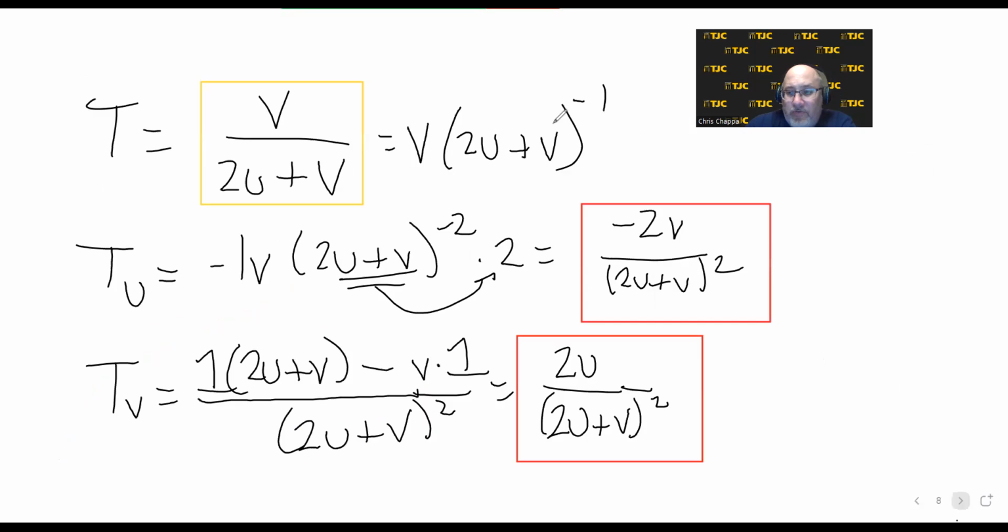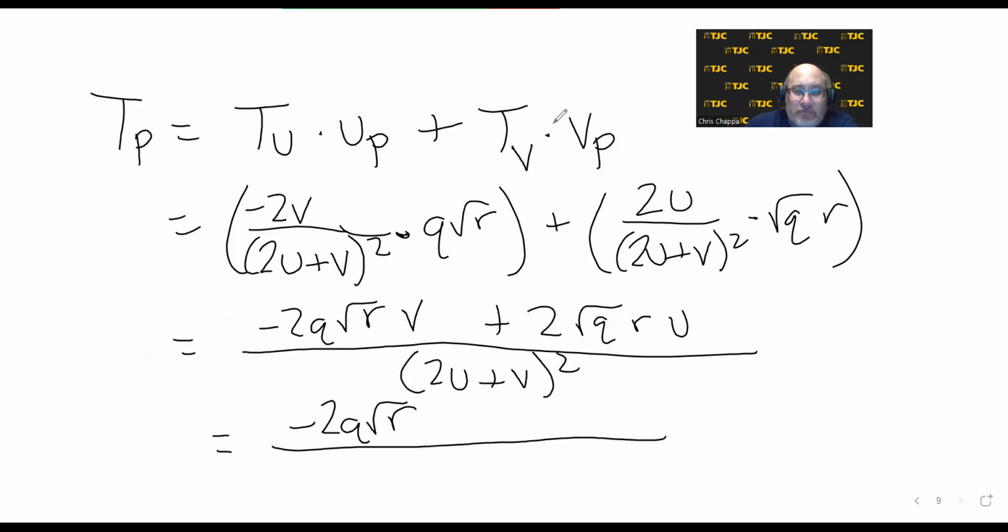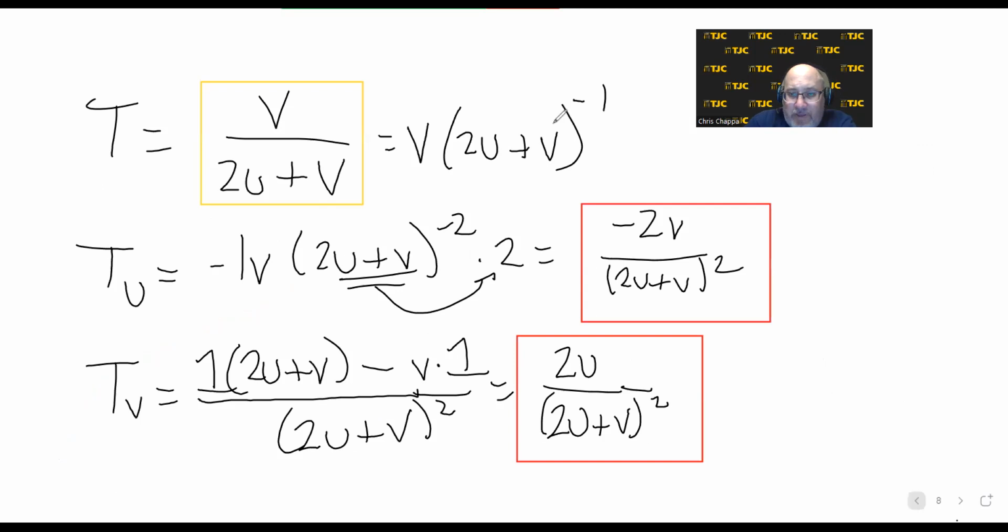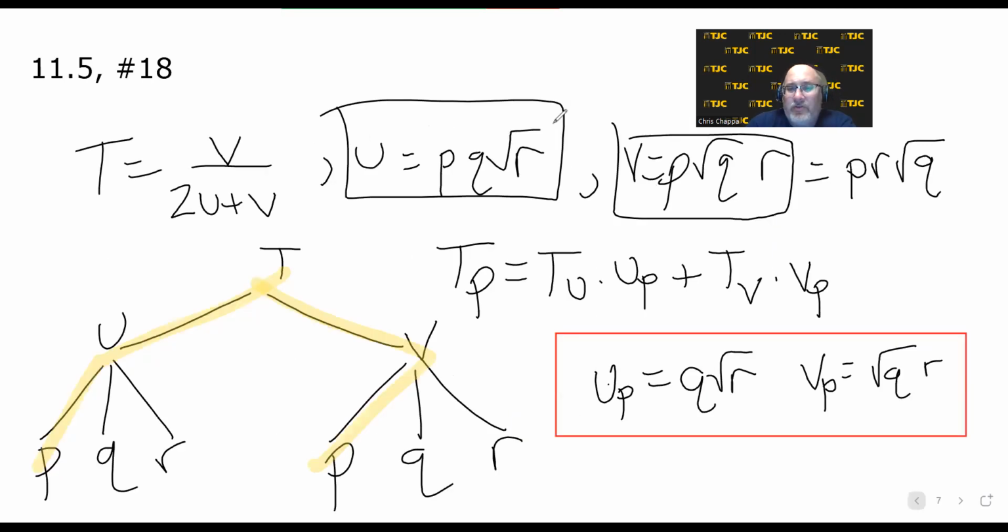U has the R square rooted. V has the Q square rooted. So V is going to be P squared of QR plus 2 square root of QR. And U has the square root of R.